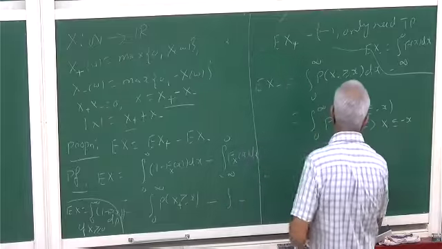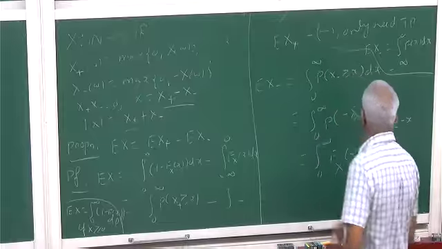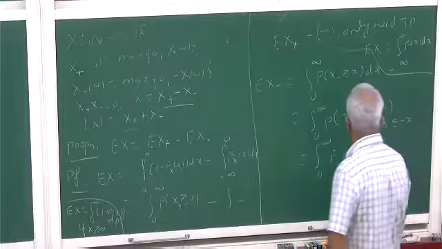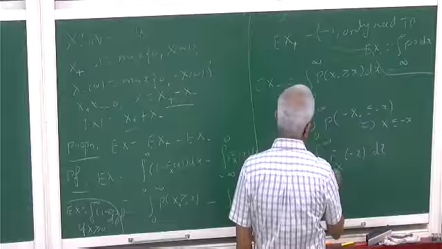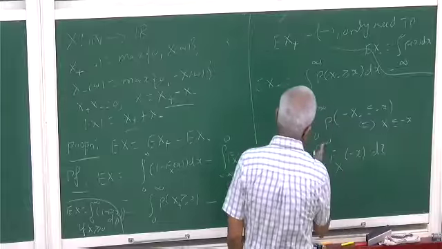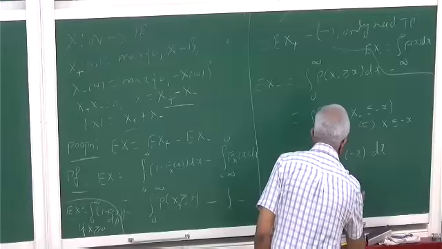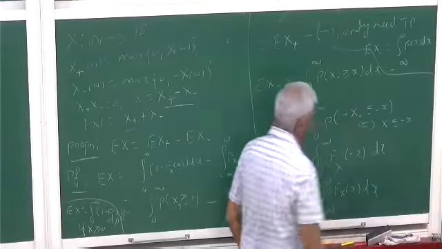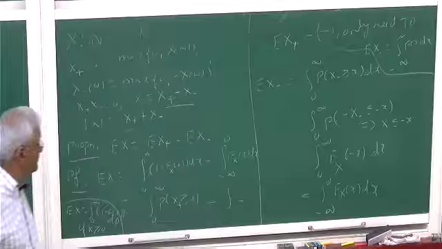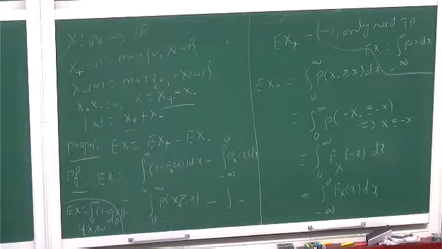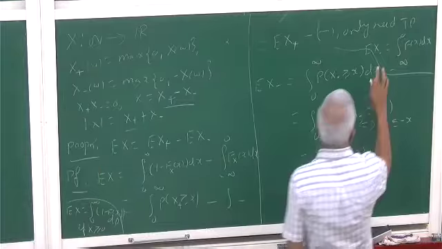So this is just F of x at minus x dx. To change the variable to minus x, you will get a minus sign, and the limits become minus infinity to 0. This is the same as the integral from minus infinity to 0 of F of x dx. That's what we wanted to prove. We only wanted to prove this here.